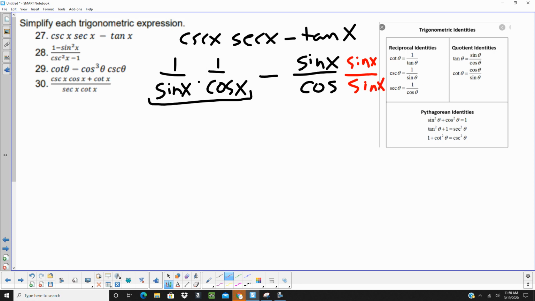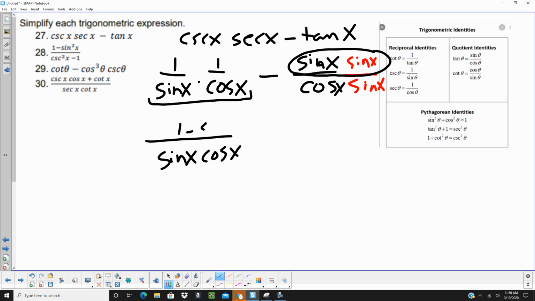Let's go ahead and simplify that, and I'm going to get 1 over sine x cosine x minus sine squared x. Multiply those two right there, and I'm just going to put it as one fraction right now.